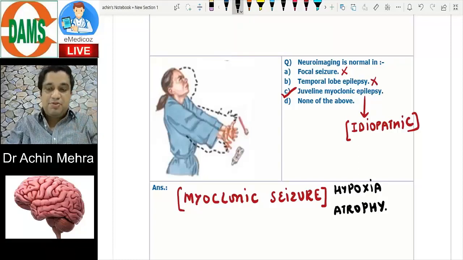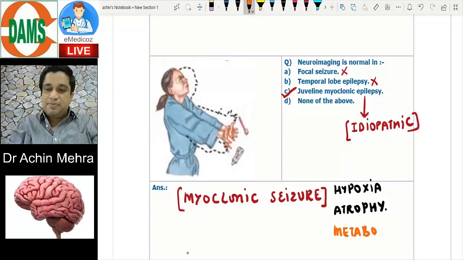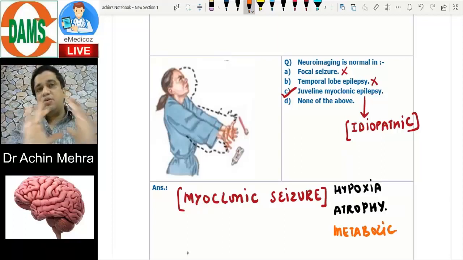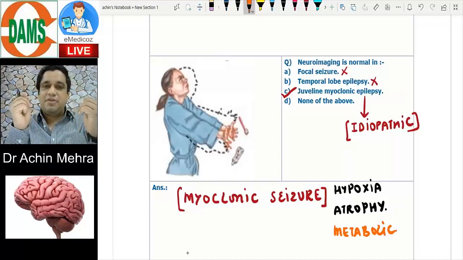Now apart from this, don't forget that we also see another cause, that's metabolic. Metabolic is a big thing, it can happen due to any electrolyte imbalance, even any kind of derangement in normal metabolites in the brain. So again, myoclonic seizure occurs due to hypoxia, atrophy, and metabolic causes.